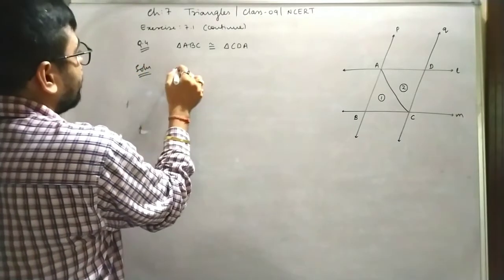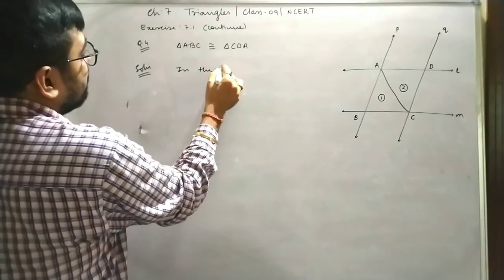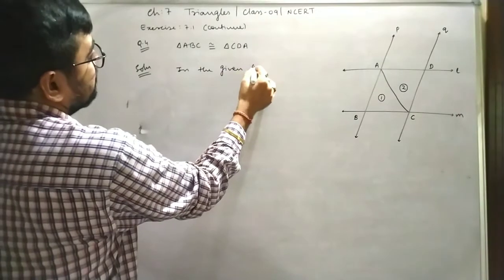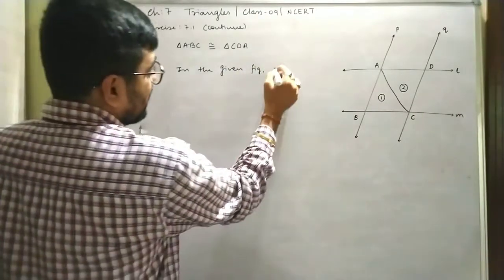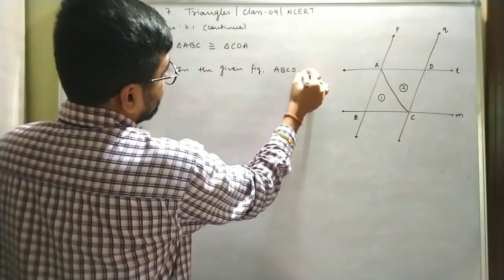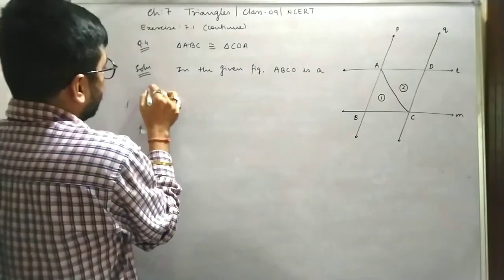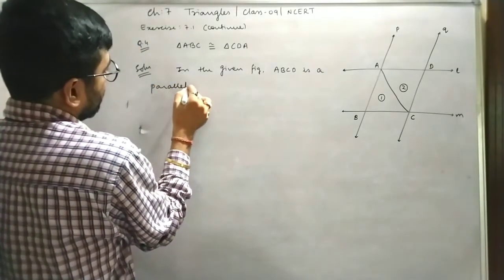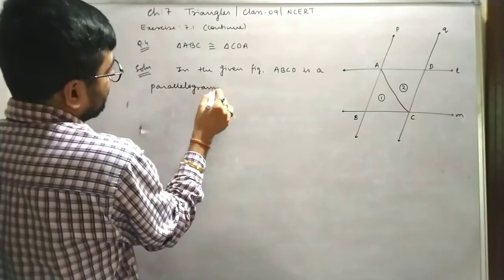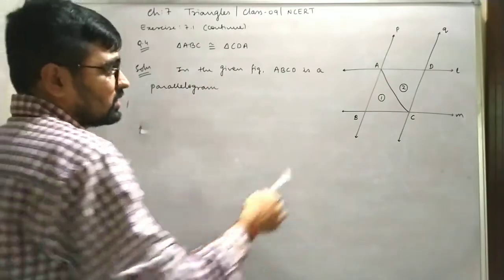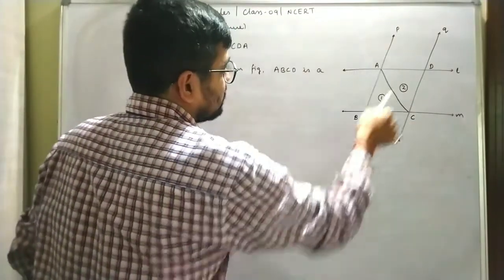So if you look at the given figure, can I say ABCD is a parallelogram? ABCD is a parallelogram because these two lines are parallel, and these two lines are parallel.